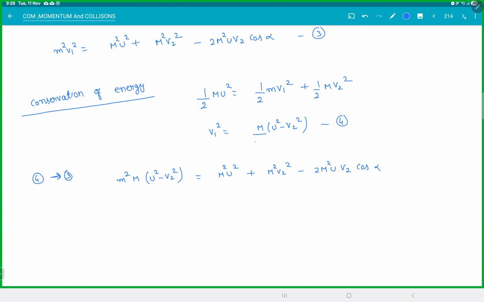There's a small m there. We should try this in the center of mass frame. I think that would still be lengthy, might help you with one or two equations less.